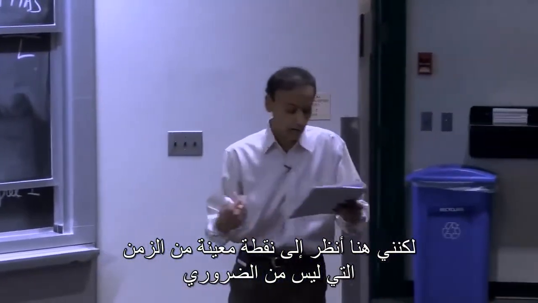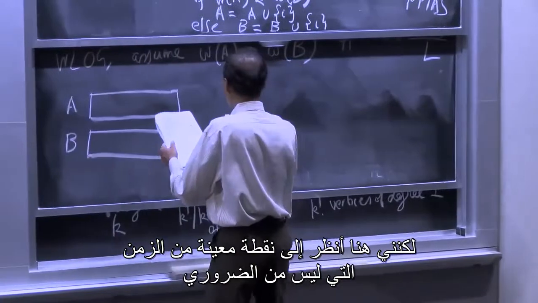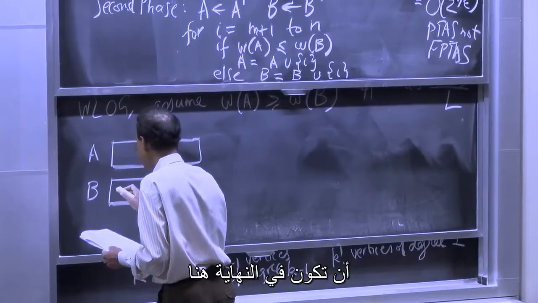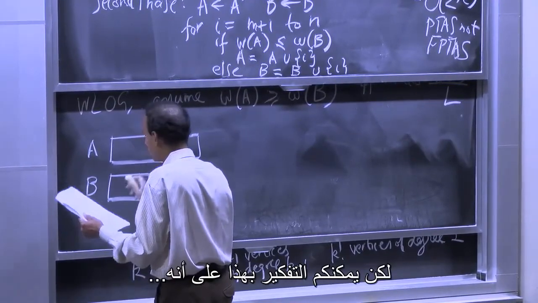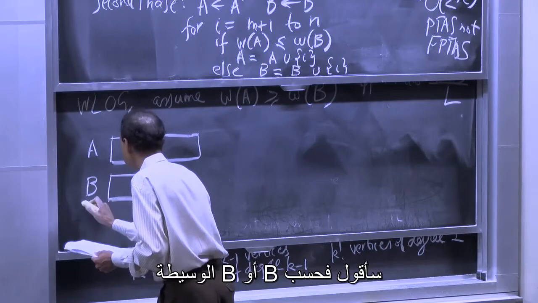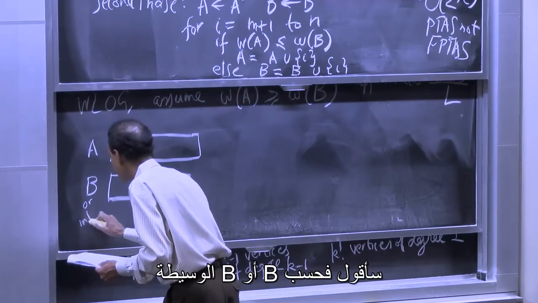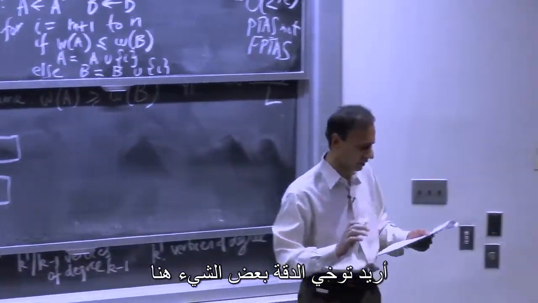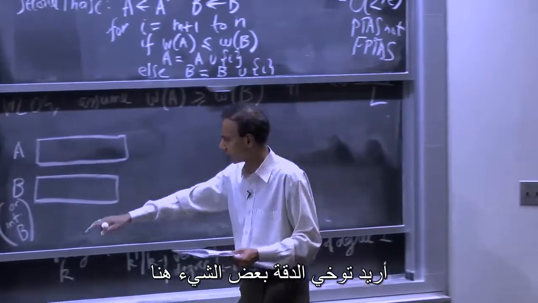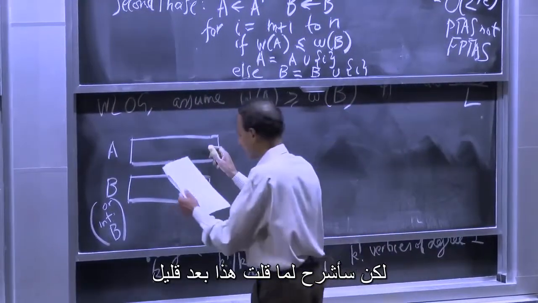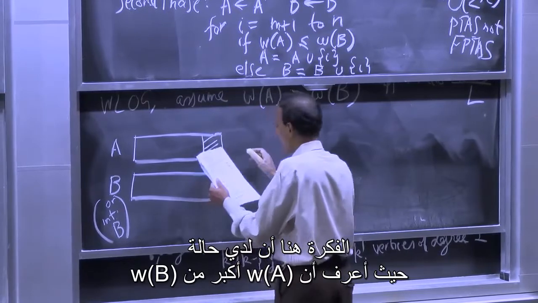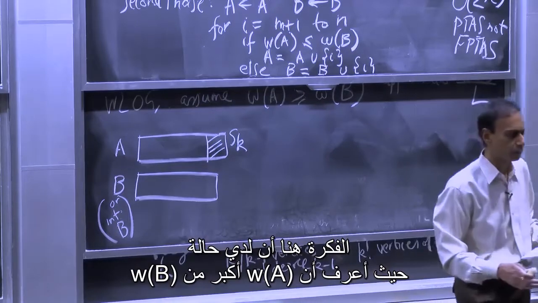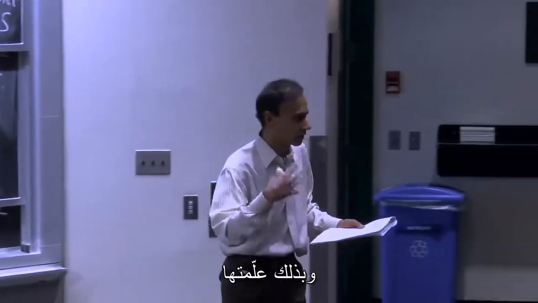But here I'm looking at some point in time which is not necessarily at the very end. It could be, but you can think of this as intermediate B. This won't matter too much, I'm just being a bit of a stickler, and I'll explain why in just a minute. But the point is, I know that WA is greater than or equal to WB because I assumed it. That's how I marked it.